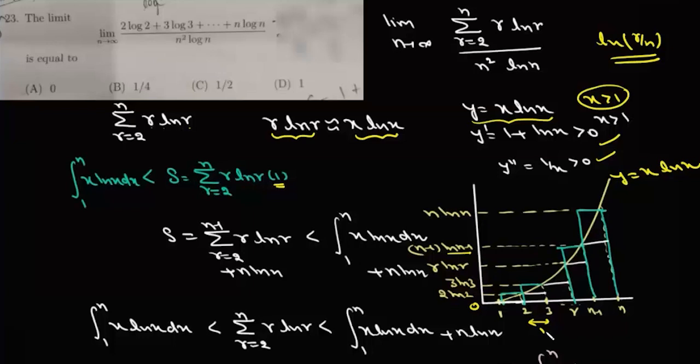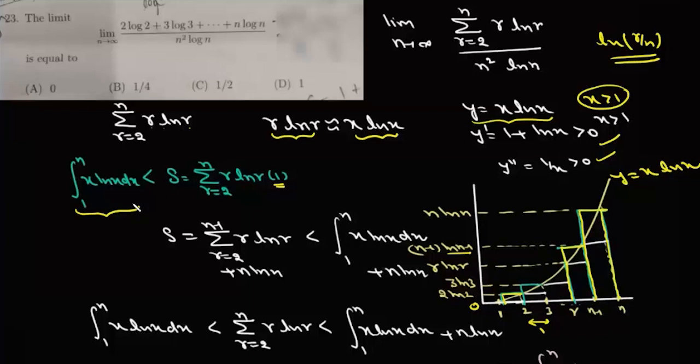Now this is n log n, and n log n will be this rectangle, n minus 1 log n minus 1 will be this rectangle, and 2 log 2 will be this rectangle. So this sum will have an area which is greater than the area of this function from 1 to n. So this S will be greater than the integral from 1 to n of x log x dx.